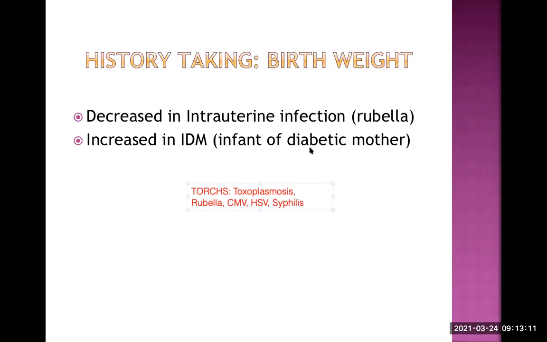If the mother is diabetic during pregnancy, there is a high chance of increased size of the baby. The baby is probably more than 4 kg, or large for gestational age. Whereas if the mother has chronic diabetes, then because of some complications, the baby may be born as an IUGR baby.